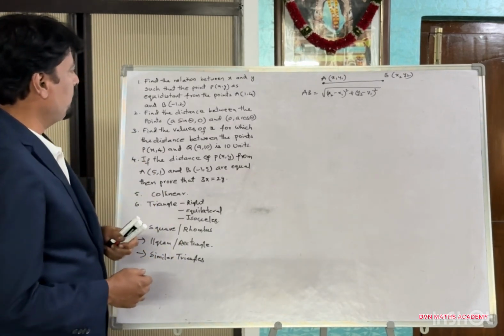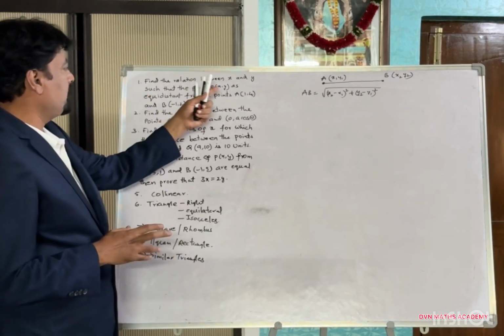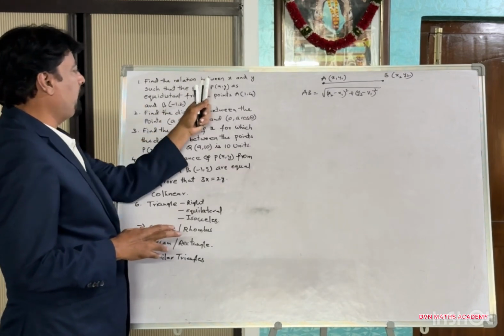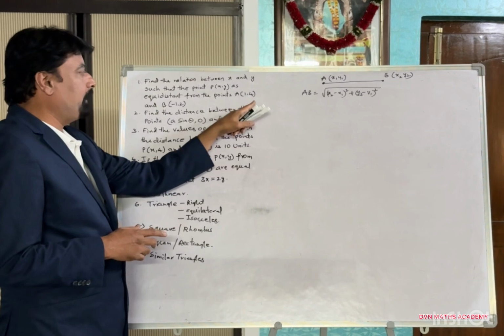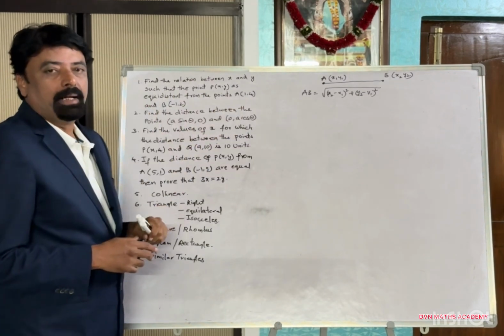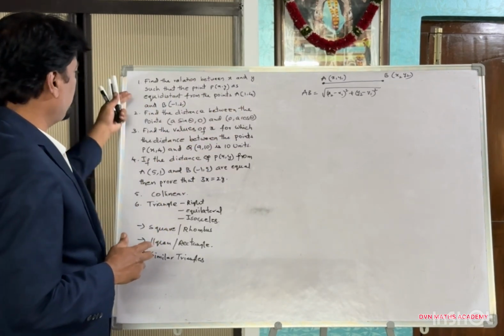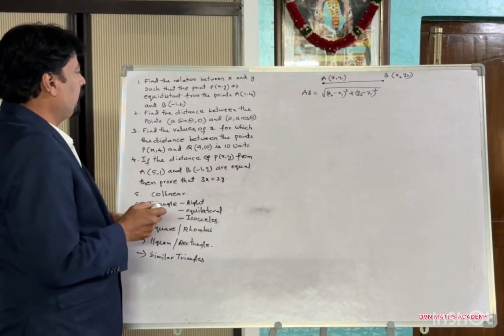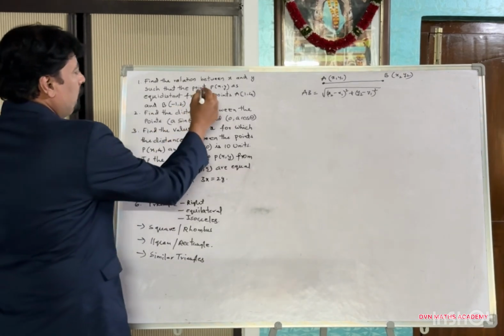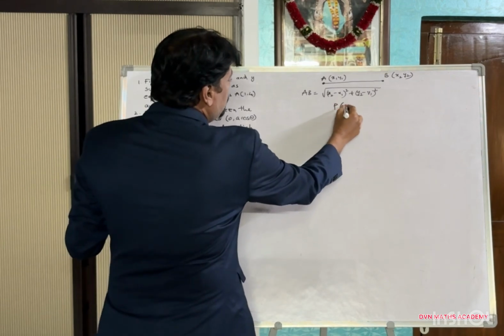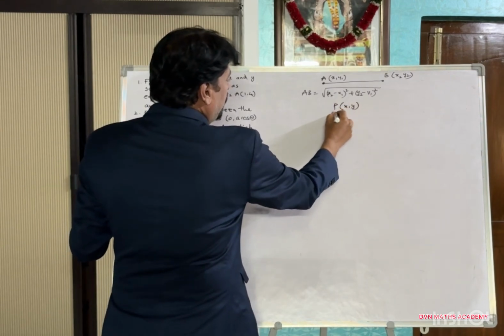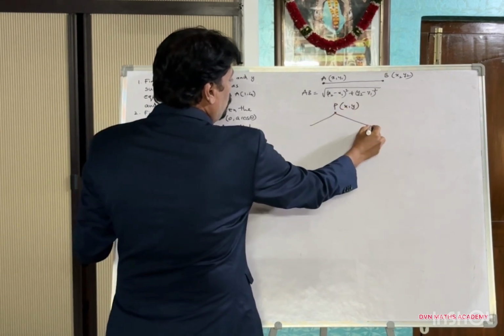The first question: find the relation between x and y such that the point P(x, y) has equal distance from the points A(1, 4) and B(minus 1, 2). If you read this question properly, you will get an idea. P is a point (x, y), and it is at equal distance from the other two points.